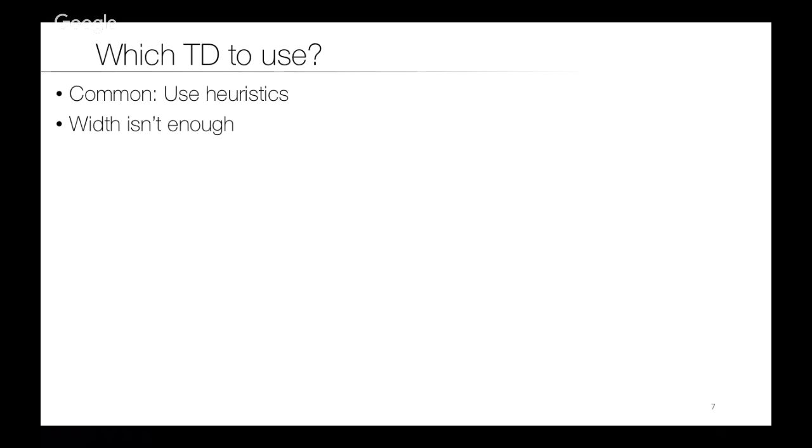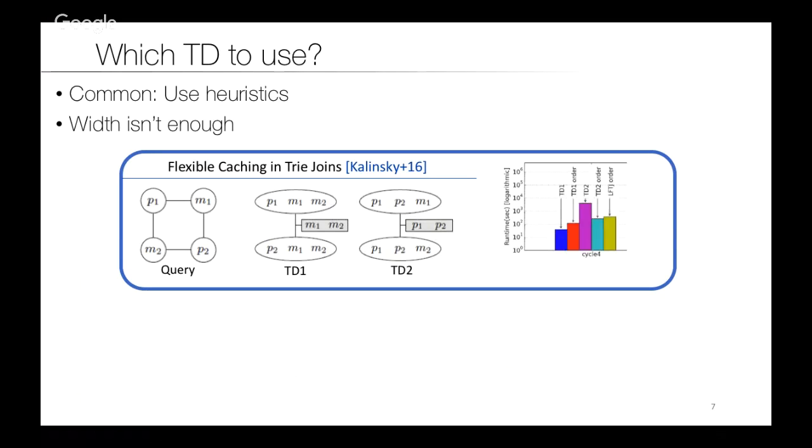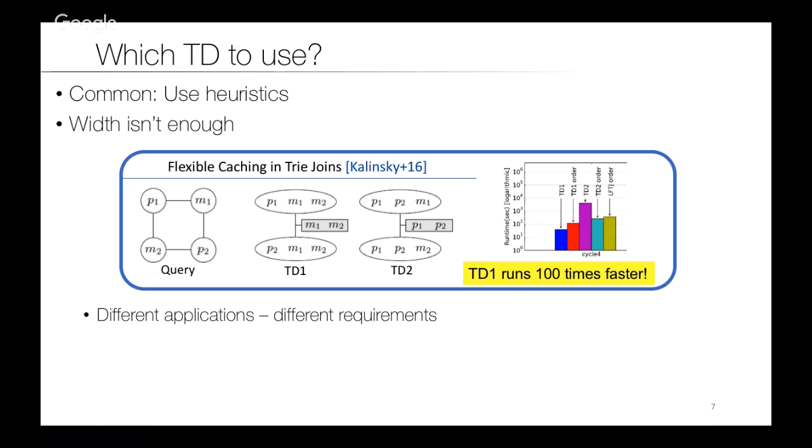But even if we can get pretty good width, width isn't always everything we're looking for. This is an example of work presented in EDBT this year. It's about join optimization using caching. So here you can see that this is from their experimental section, and they use their algorithm using two different tree decompositions.